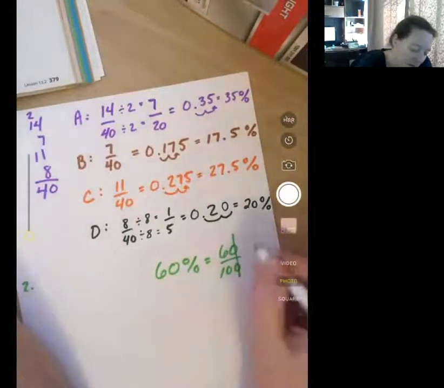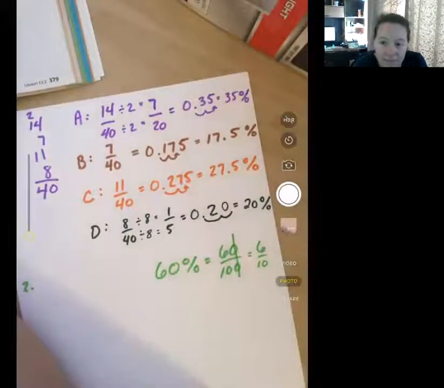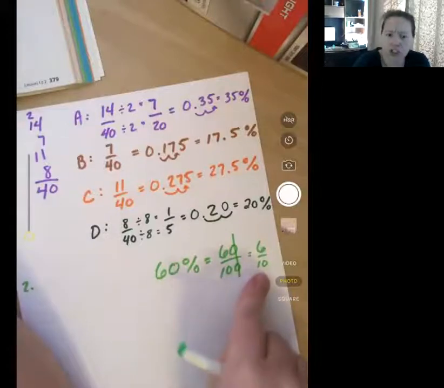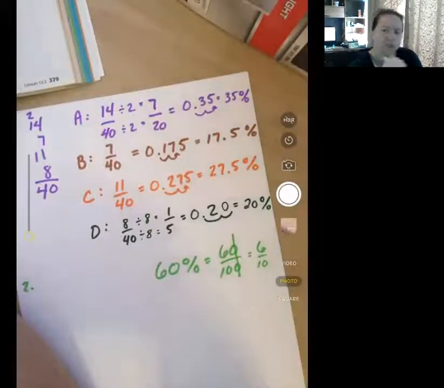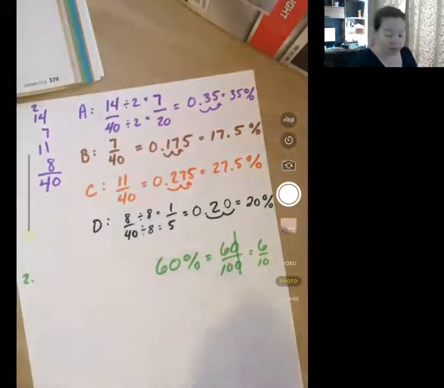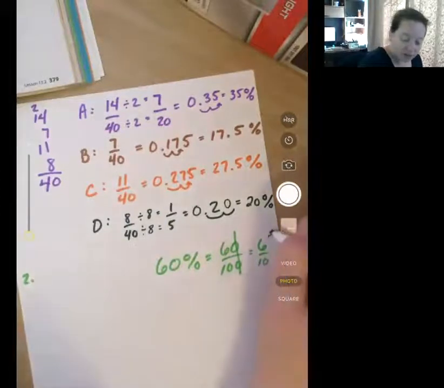So I end up with 6 over 10. Remember that? We talked about that? So I have 10 index cards. How many of the index cards is she going to need to mark so that she can show that she made the free throw? Right there is our answer.